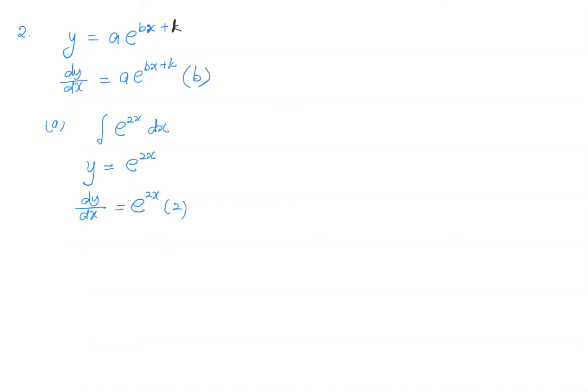So now, if I integrate 2 times of e to the power of 2x dx, what should my answer be? If I integrate this, I should get back my y, am I right?